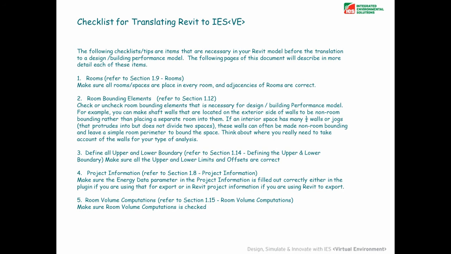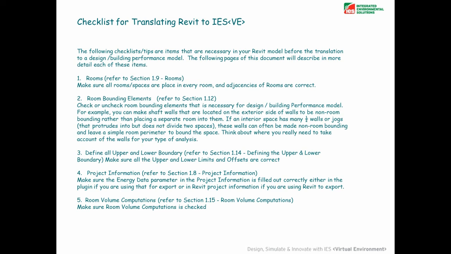There is a final checklist here that you can go through to check that you've done everything. As I say, the main one is to check that you've placed rooms or spaces in every area of your model, so you've got a fully enclosed shell. Check that you've only got primary room bounding elements set, and define all your lower and upper boundaries using the levels. If you're using MEP, check that you've got that project information set up if you want to use it.